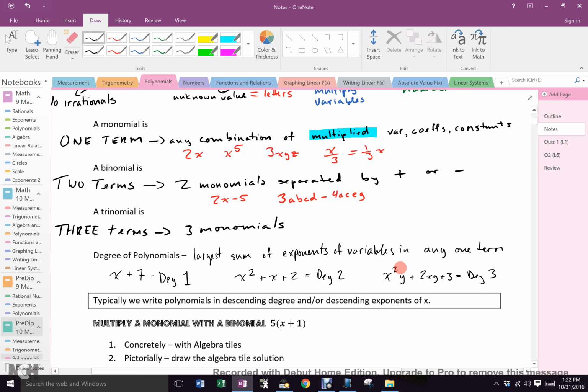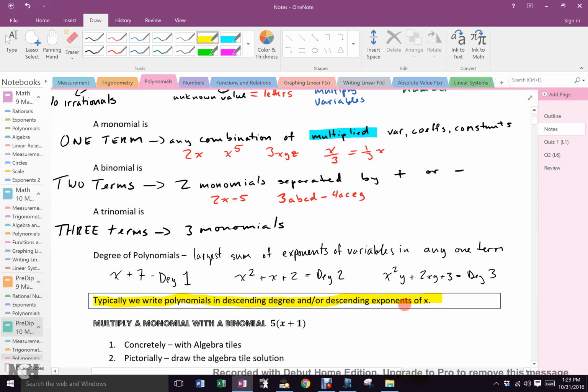Everybody cool? The only use it has is this. We put the biggest degree thing first, or it's alphabetical. Okay? I don't care.